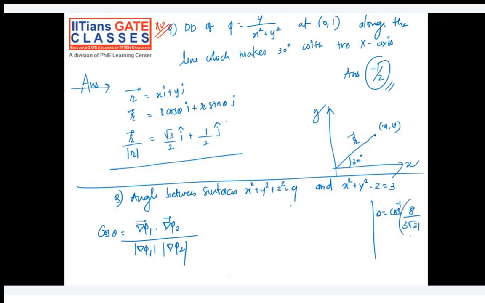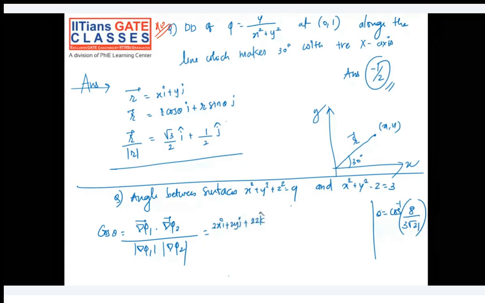It's a dot product with... I think I just missed to give one more point here, or not written. They are asking at the point 2 comma minus 1 comma 2. At this point they are asking you the angle.